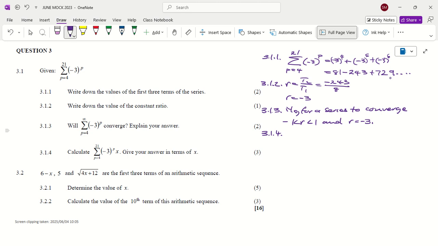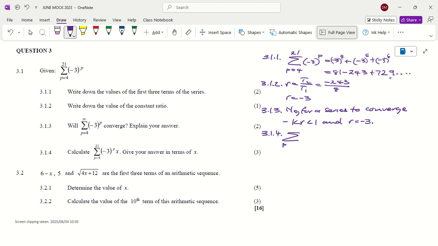How are we going to do that? First of all, we know that this sequence, is it arithmetic or geometric? It's geometric. You remember when we were expanding this sigma notation, the first one, we found the first three terms.